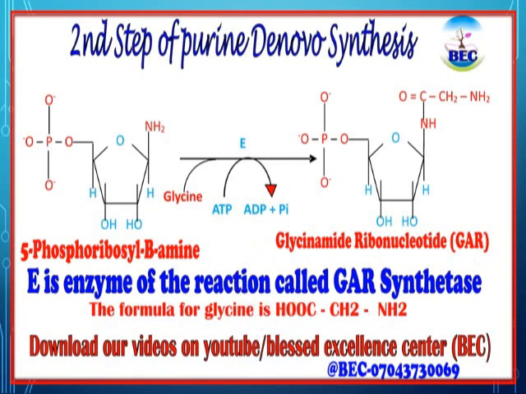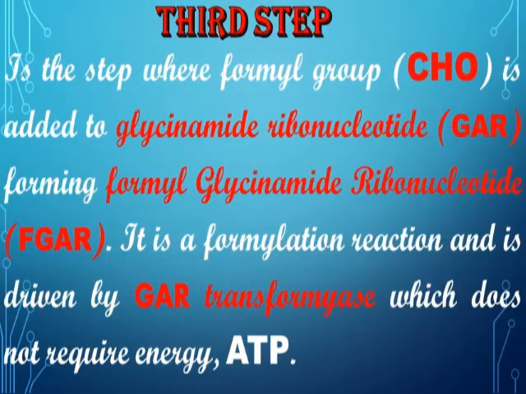Now let's look at the third step. The third step is where a formyl group, CHO, is added to glycinamide ribonucleotide, forming formyl glycinamide ribonucleotide, FGAR.